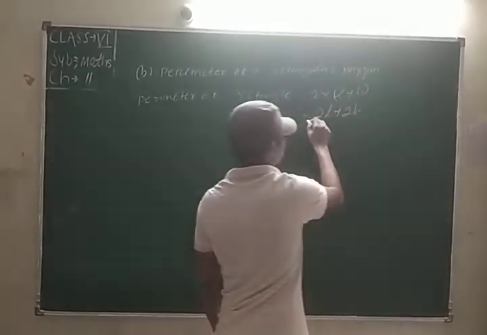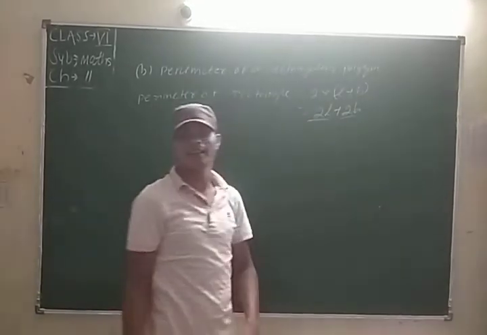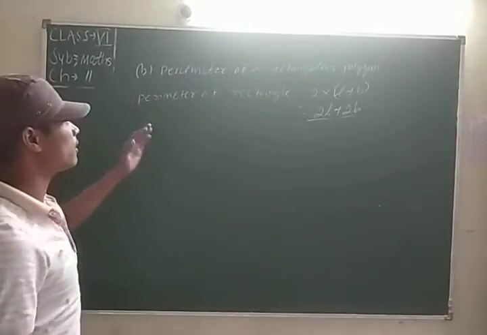With these variables we can find the perimeter of a rectangle.